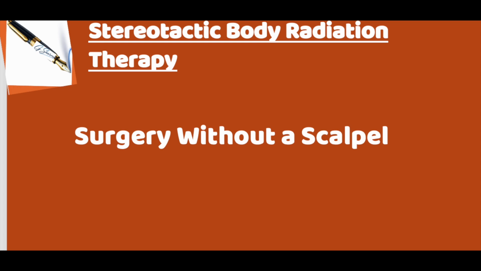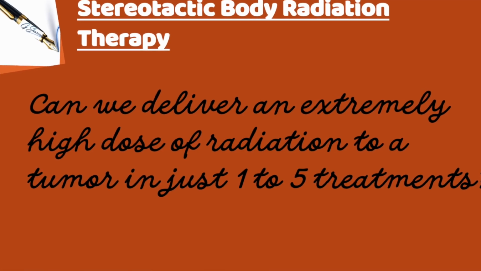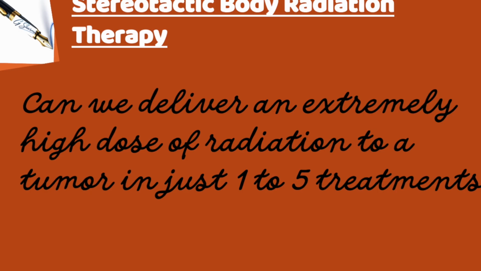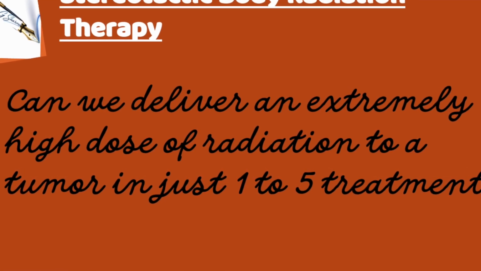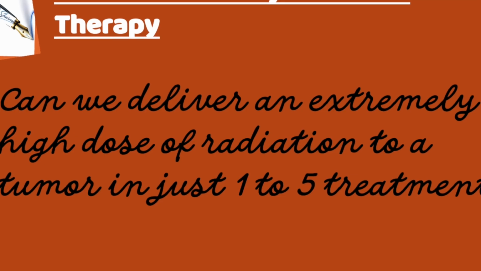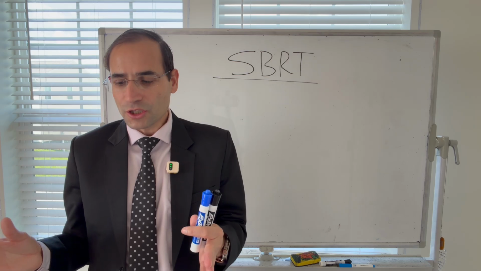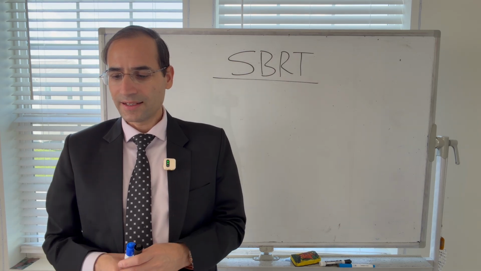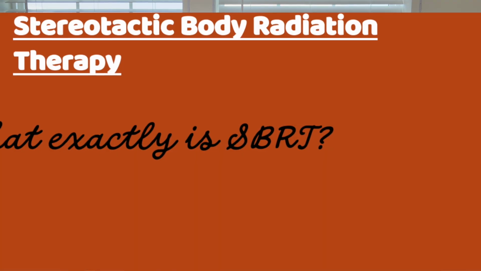So the question again is: if I want to deliver an extremely high dose of radiation to a tumor in just 1 to 5 fractions, but still spare the normal tissue, that is exactly what SBRT allows us to do.